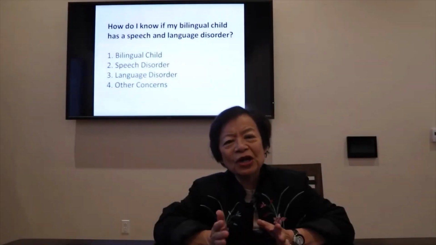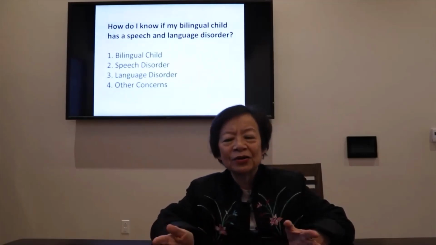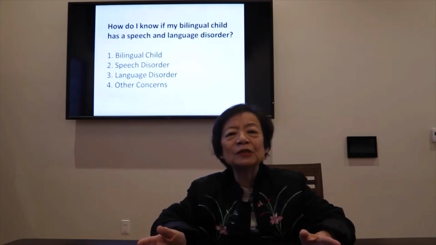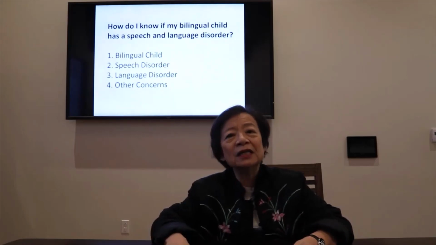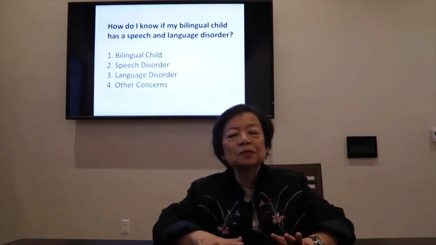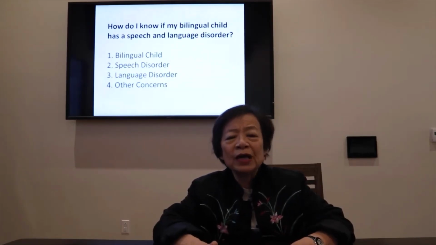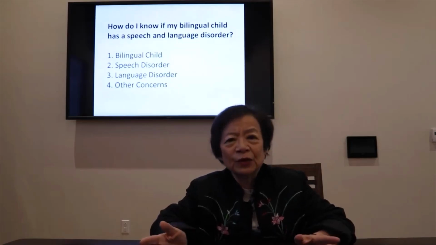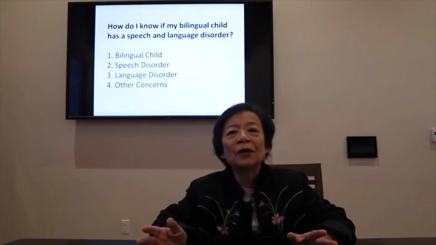So this third topic here is language disorder. As I said earlier, many people lump speech disorder and language disorder together. Indeed, it is possible, because if a speech pattern is unintelligible, then how can you even understand language? So language is what people use to communicate.